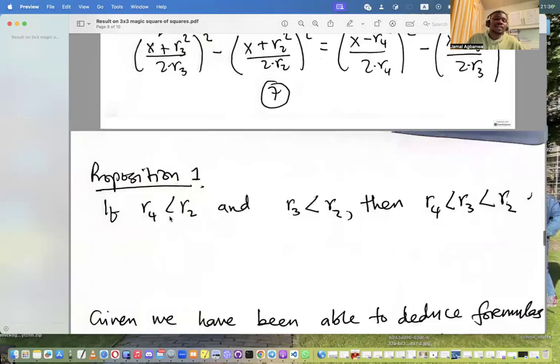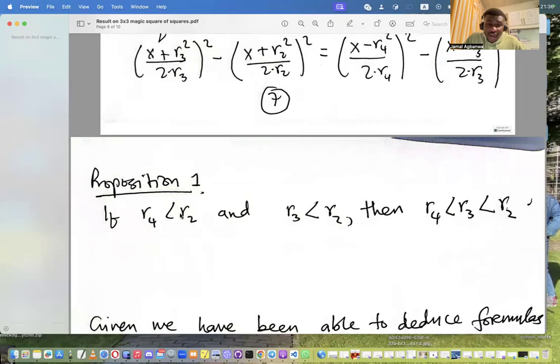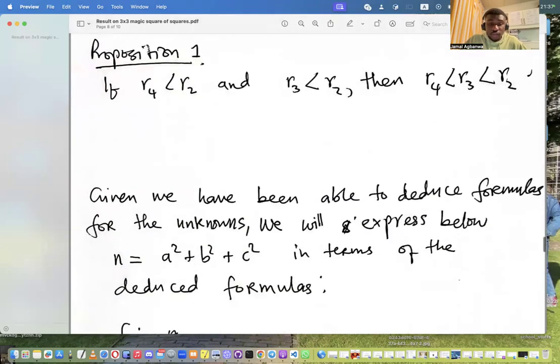And the proposition here is that if R subscript 4 is less than R subscript 2, and R subscript 3 is less than R subscript 2, then R subscript 4 should be lesser than R subscript 3, which should be lesser than R subscript 2. And all these R's you see over here, like I said before, are all divisors of X, this particular X as we dealt with before, you know.